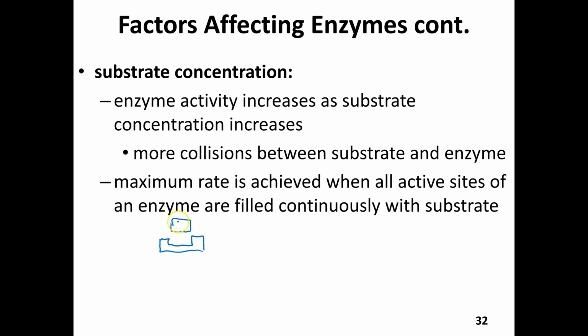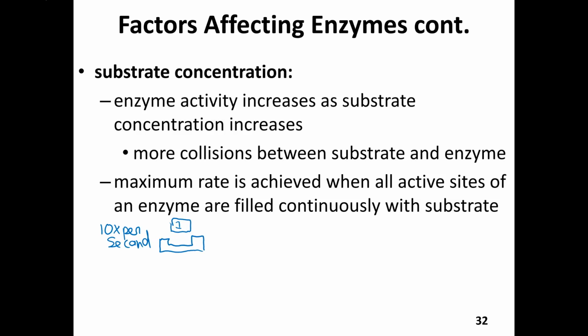If you only have one substrate, then only one reaction can occur. And say this enzyme catalyzes 10 reactions every second, so it works 10 times per second. If you only have one substrate, you're only going to get one product.